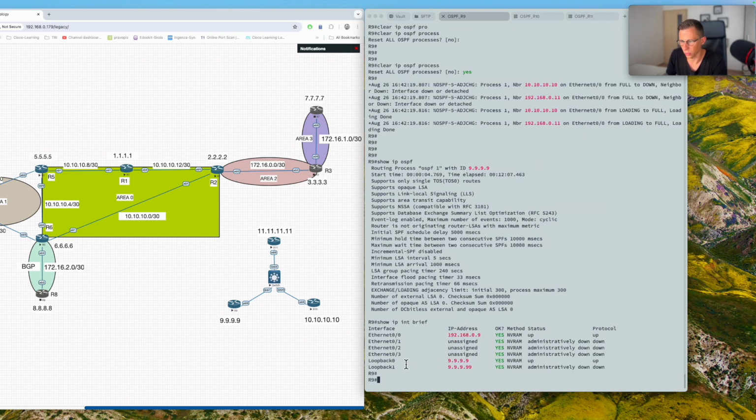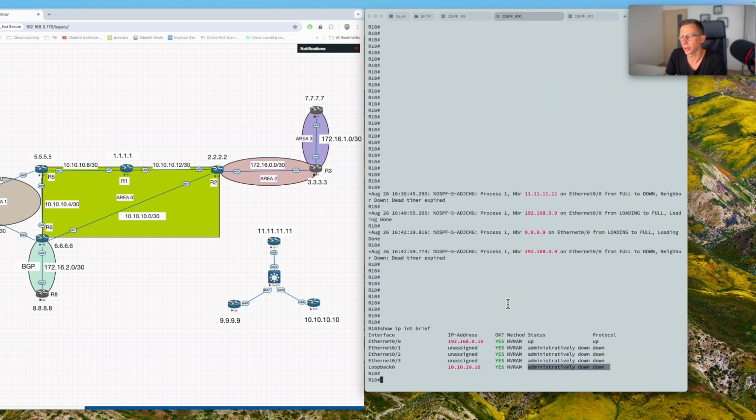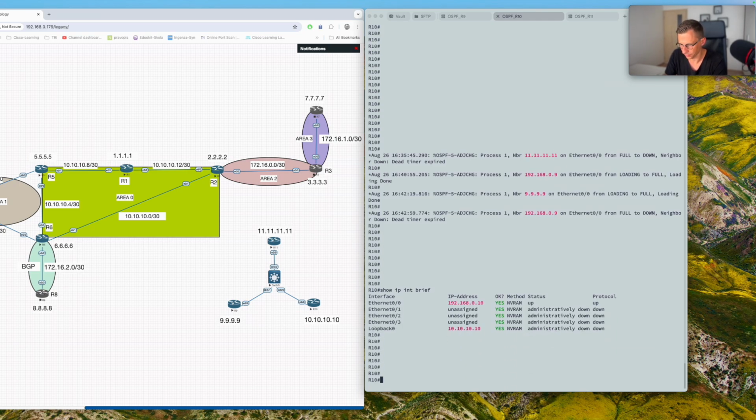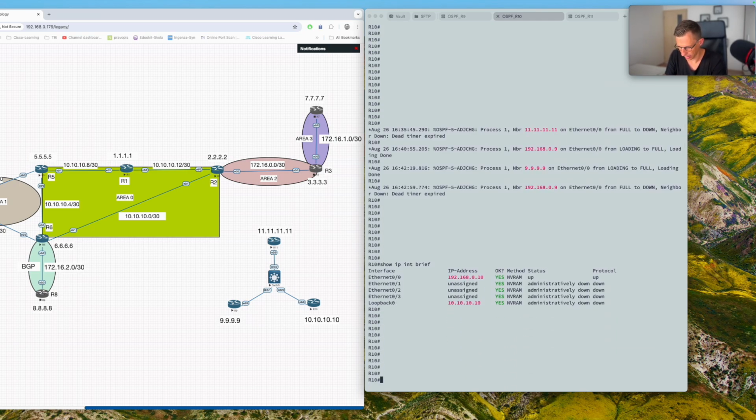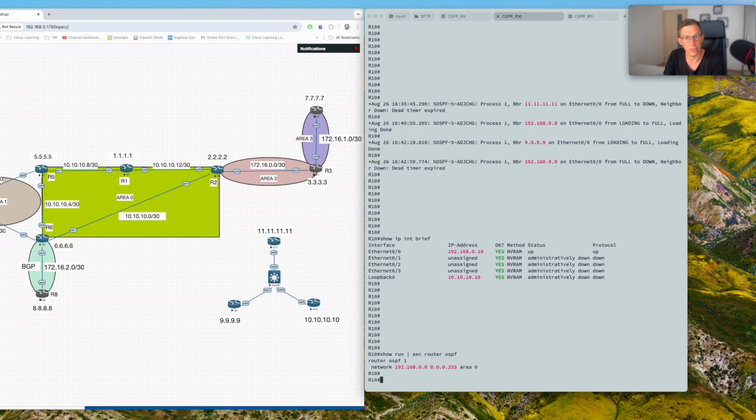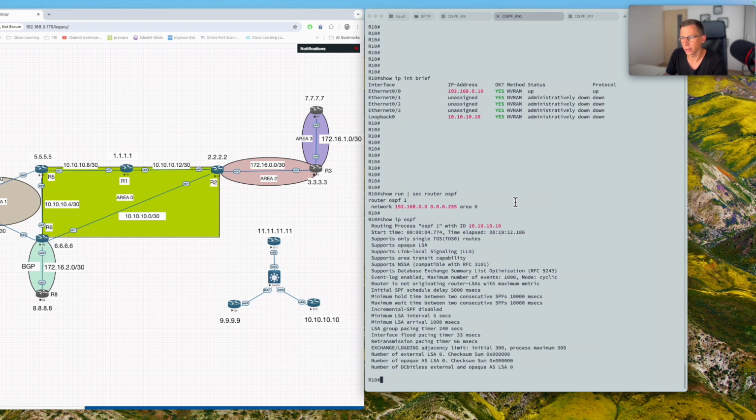Yeah, I enabled the loopback 0 on the other router, so it's up there. Here it is still down. And show run section router ospf, the static router ID configuration is not there. If I do show ip ospf, the router ID here is actually 10.10.10.10.